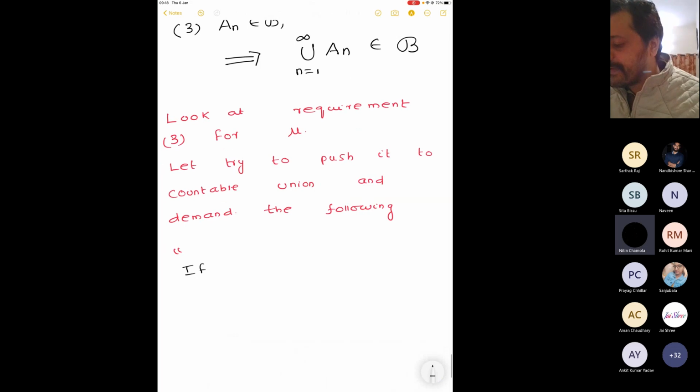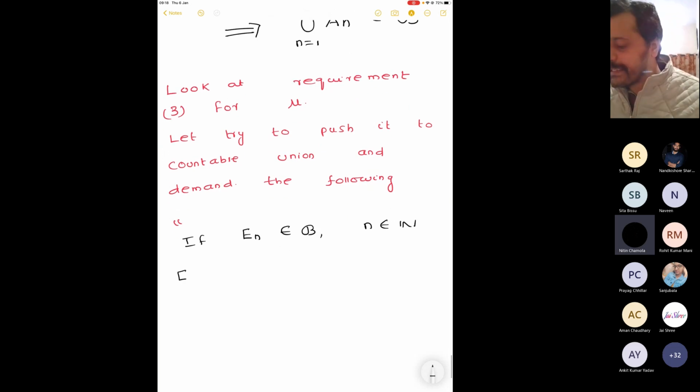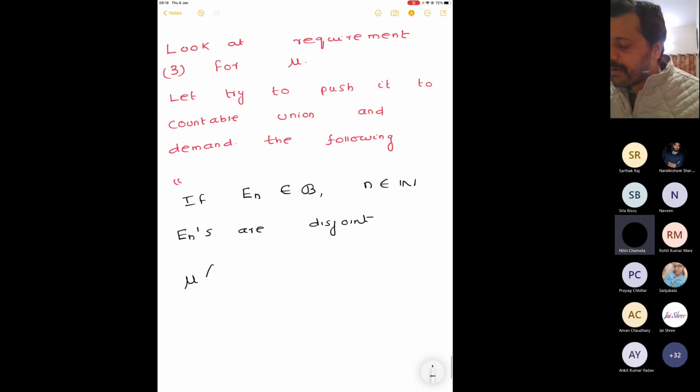If the ENs are measurable, ENs are standard objects, n belongs to N, and the ENs are disjoint, I want to ask whether the measure of the union n equal to 1 to infinity of En is equal to the summation n equal to 1 to infinity of the measure of En.